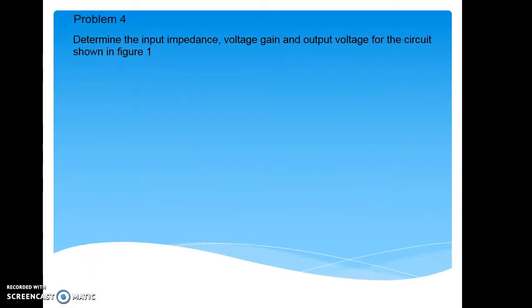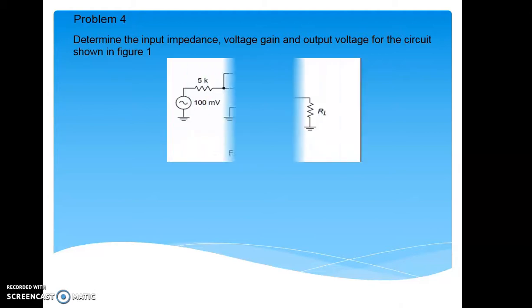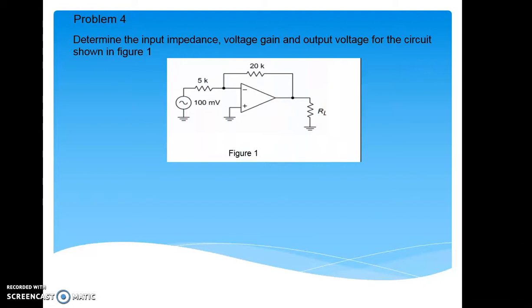Then what problem do we consider here? The problem is a little bit different. We have to determine the input impedance, voltage gain and the output voltage for the circuit shown in the figure. If you see this figure, it is an inverting amplifier. We should identify that the circuit shown is an inverting amplifier.